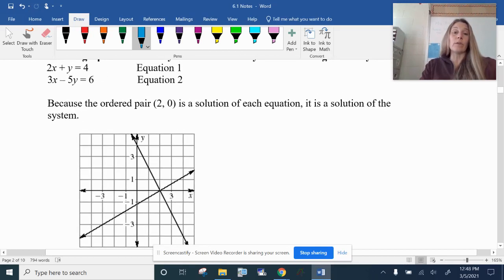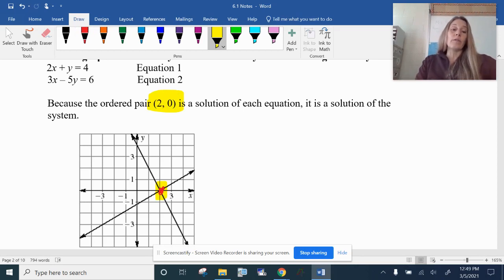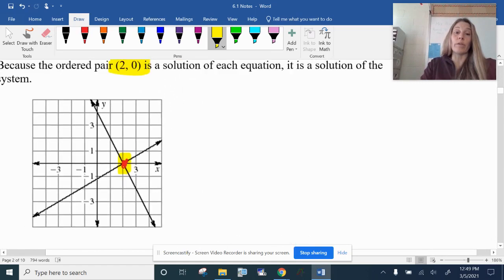But you can see that the first equation and the second equation are intersecting in this point here, which is labeled as (2, 0). So again, you want to look for that point of intersection. Where are those two lines crossing? And then we need to check it and make sure that that solution works for both.